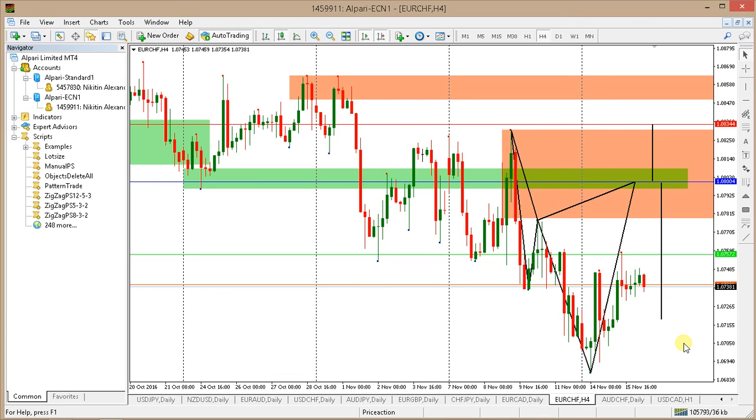I have 3 formations more. They can all be identified with these programs. I have 4 formations. They are ciphers, bats, Gartleys, and butterflies. The 4 advanced formations.